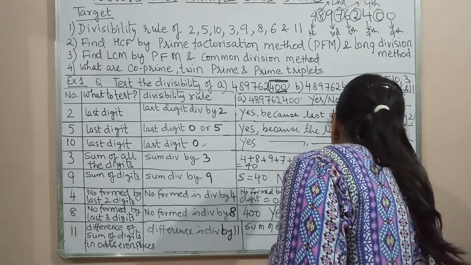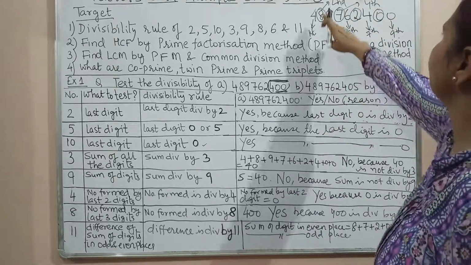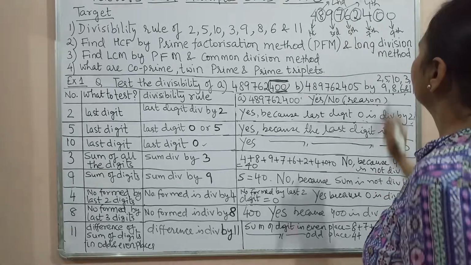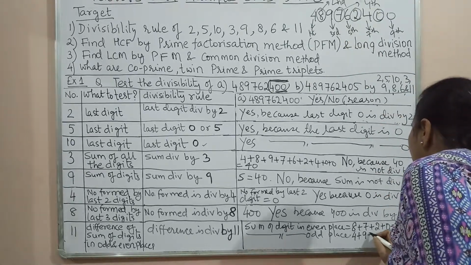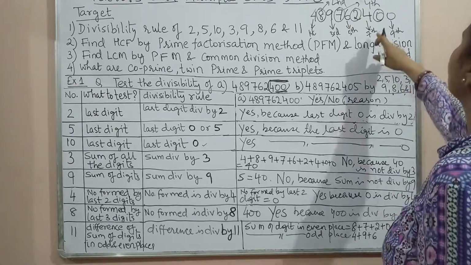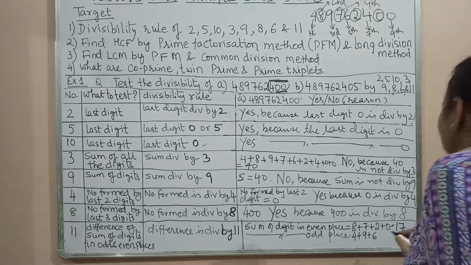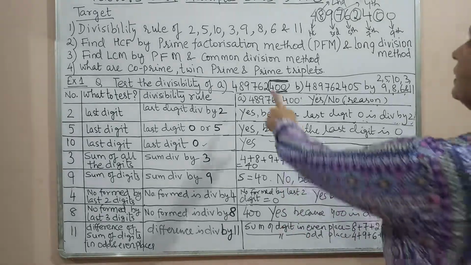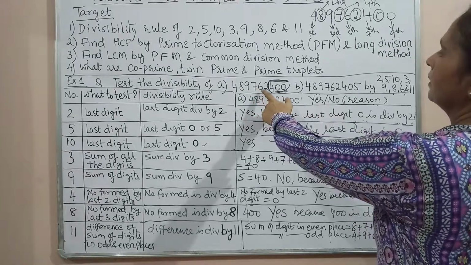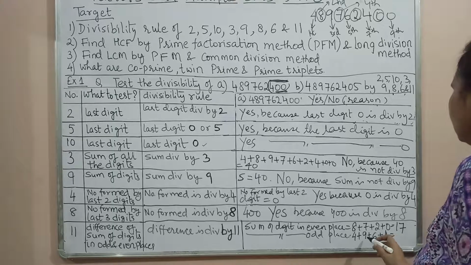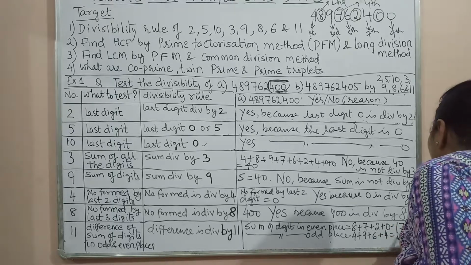Odd place, what do we have? Our first position, that is 4 plus 9, plus fifth position 6, plus seventh position 4 again, that is 4, 9, 6 and 4, and then your 0 comes, so 10, 20, 23.